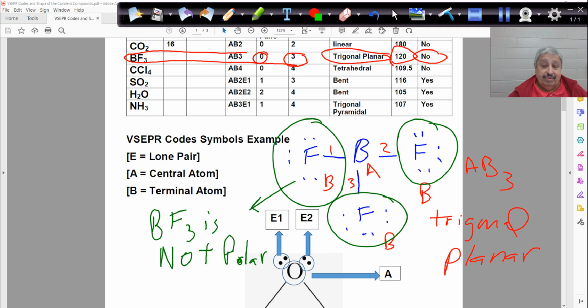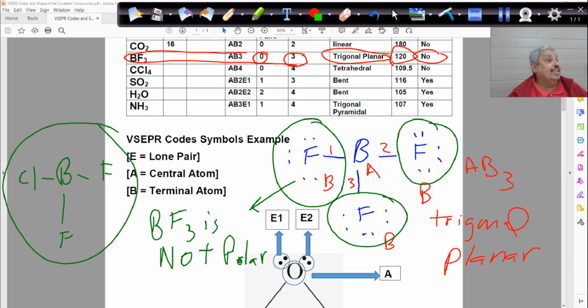But if I have something looking like this, guys, and this one is chlorine. Is this polar? Yes or no? Yes. Why is it polar now? Because you have two identical, but the third one is not identical.